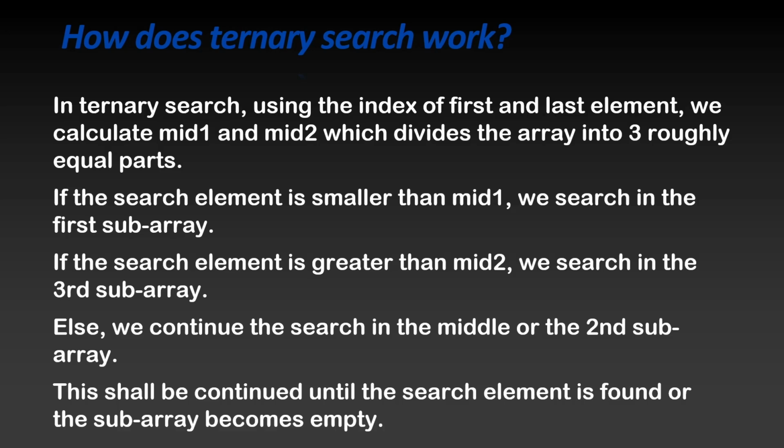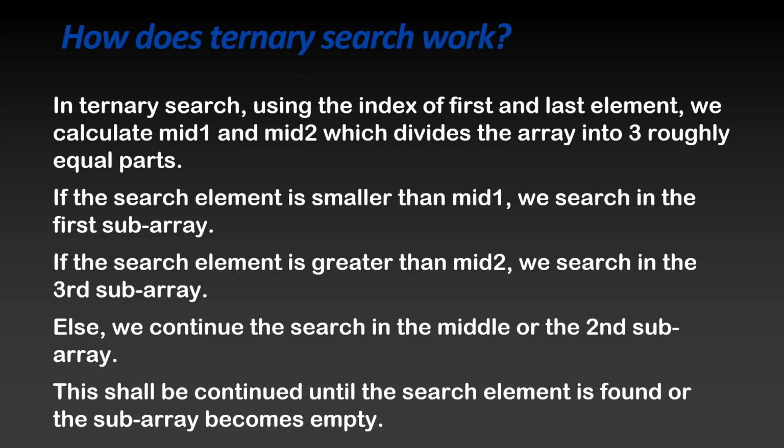If the key is greater than the element at mid2, we go into the rightmost part, and we update left to mid2 plus 1. Again, the search space is now shifted to the rightmost part. So the search space becomes mid2 plus 1 to right. This is the array we'll continue with if the key is greater than the element at mid2.